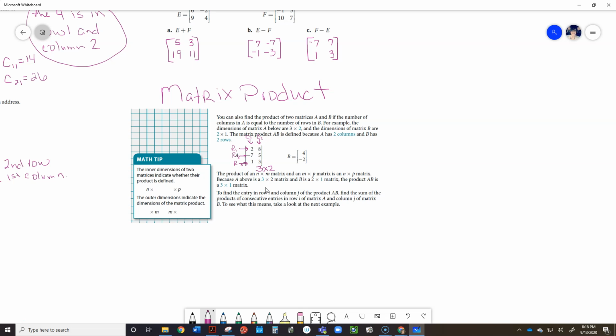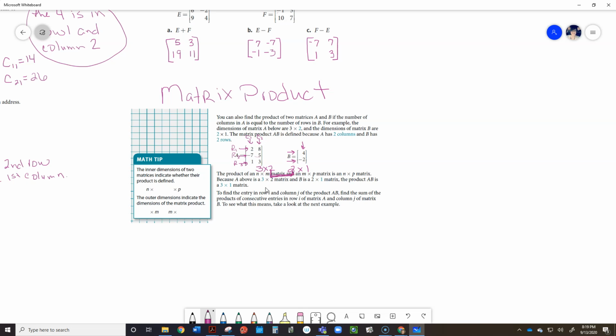This thing right here, matrix B, has row 1, row 2, so it's 2 by 1 column. It's a 2 by 1. Now these two matrices will be able to be multiplied because these two numbers right here are the same number.